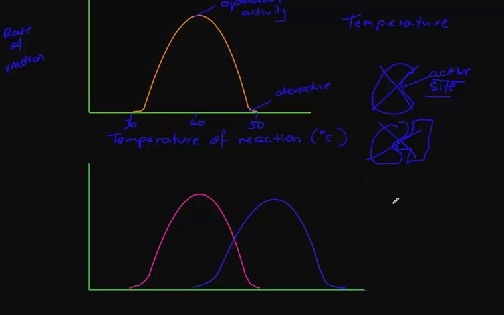The next graph is looking at pH sensitivity. So pH is a measure of how acidic something is. If we look at this graph here, we can see we have the pH of a reaction on the bottom.